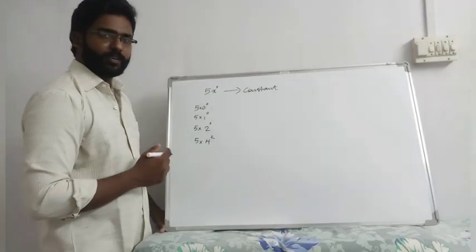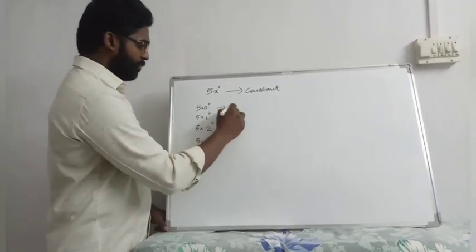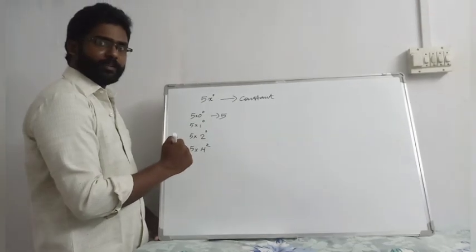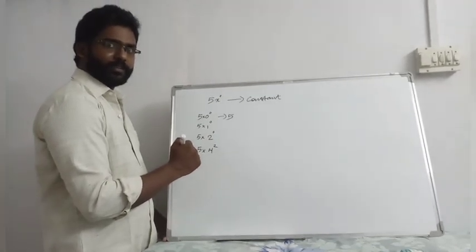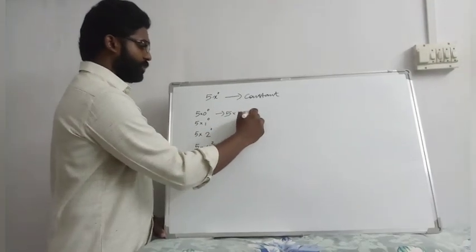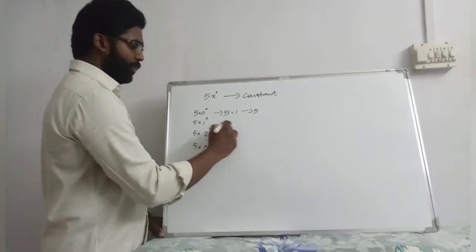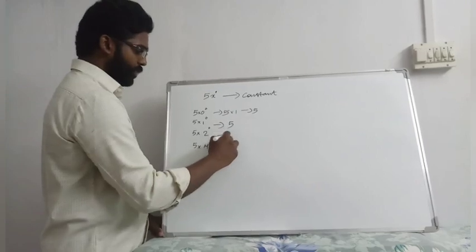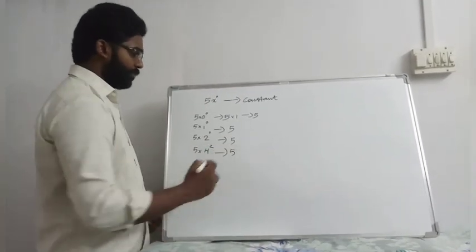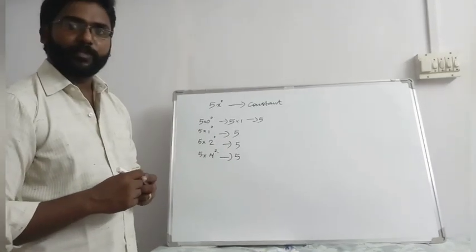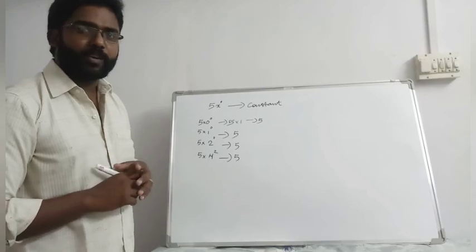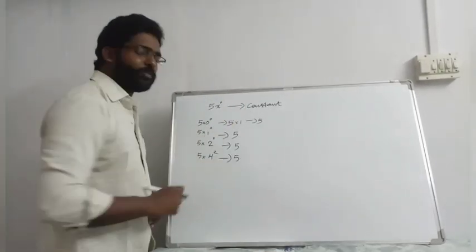Which value gives 0? What is 0 raised to 0? A number raised to 0 is 1, so it is 1. 1 raised to 0 is 1, again 5. 2 raised to 0 is 1, again 5. Again 5. So we can't find a zero for a constant polynomial.